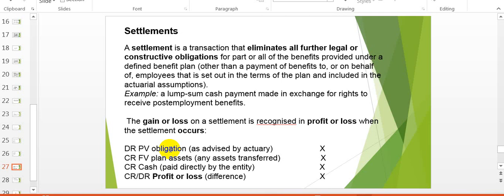So you debit the present value of the obligation as advised by the actuary, credit the fair value plan assets, any assets transferred, credit cash paid directly by the entity, debit or credit profit or loss depending on whether the entity has gained or the entity is losing out of the agreement.